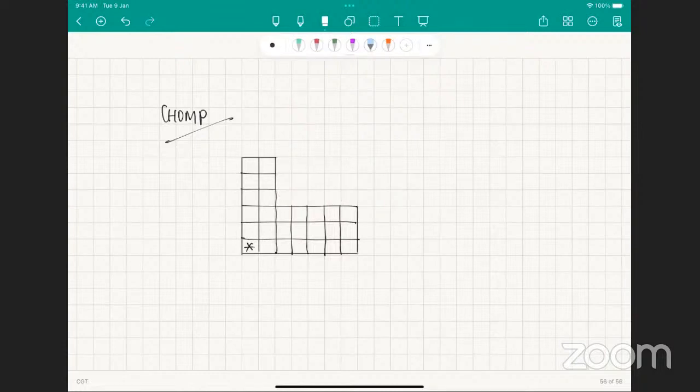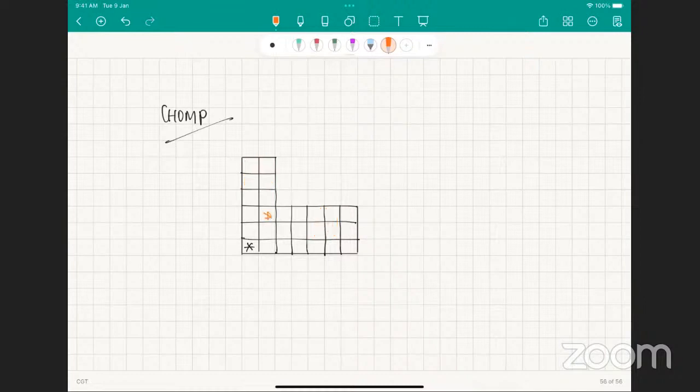You can pick another square, and that would eliminate these. Or if you picked this, that would be just that one square. If you pick this, it would be this whole thing out here.